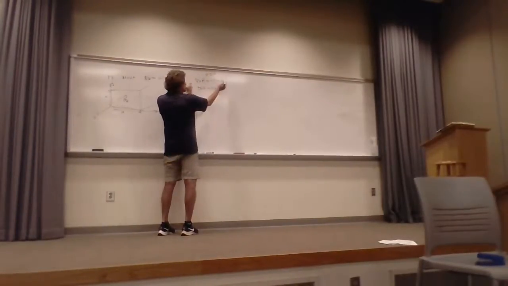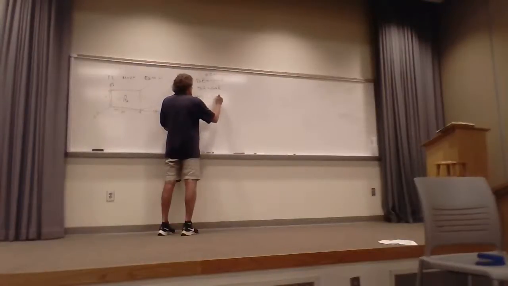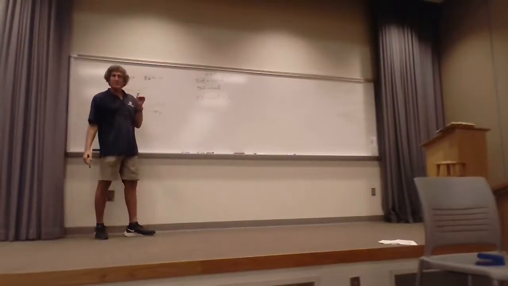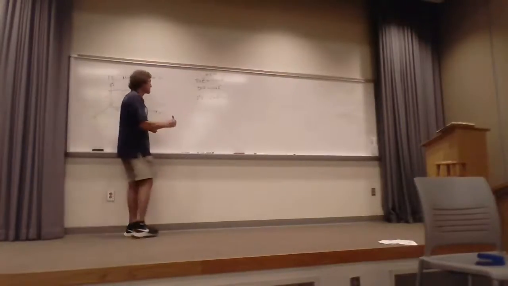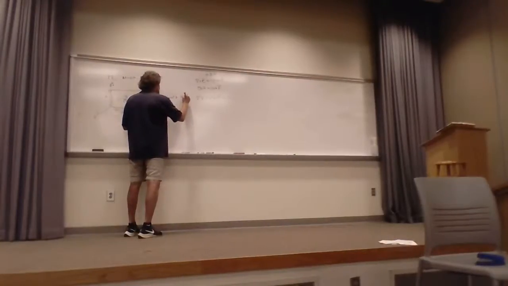Then I took another curl of that one, stuck this in there, and voila, I came down with del squared of E plus omega squared mu epsilon times E equal to 0. Remember that? You're not going to be responsible for this, the term for this is called the Helmholtz equation. Or just wave equation.